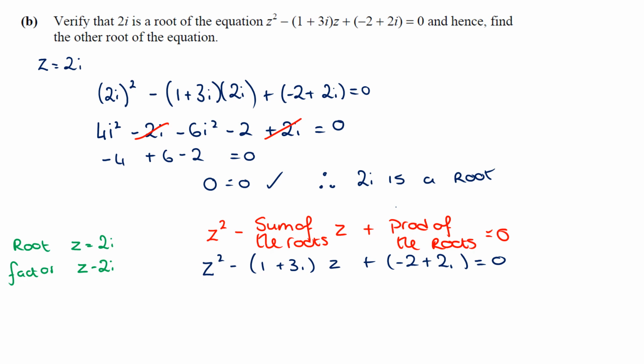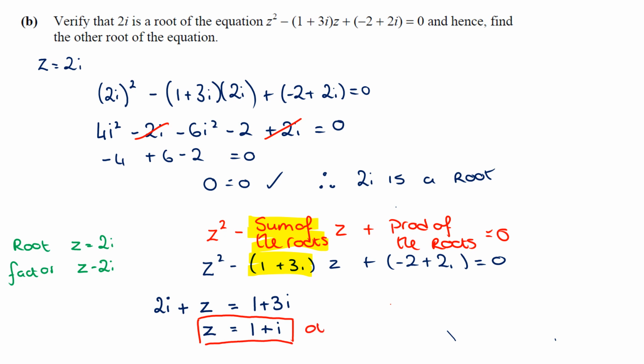So we've actually found the sum of the roots is 1 plus 3i. So my first root is 2i, and when I add that to another root, so let's say the other root is z, we should get 1 plus 3i. So the second root that I'd have to add to it is 1 plus i, and that gives me straight away the second root. So that's the other root of the equation.